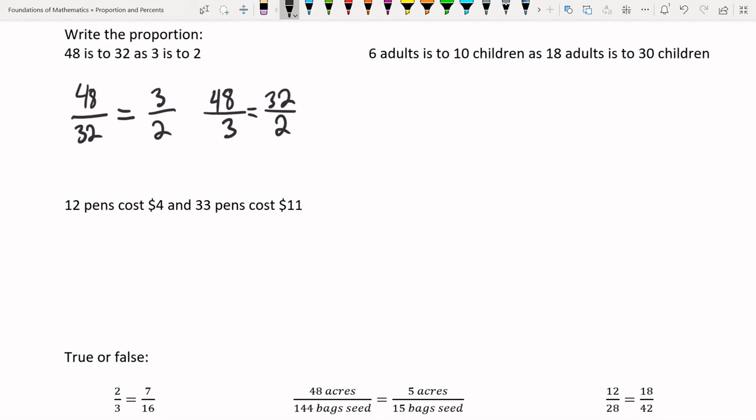What I'm doing differently here is I'm using these two as a set and I'm comparing them in the same fraction, or I'm taking them and I'm comparing them along the same side of the fraction, so the same numerators, for instance.